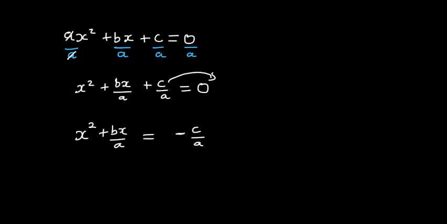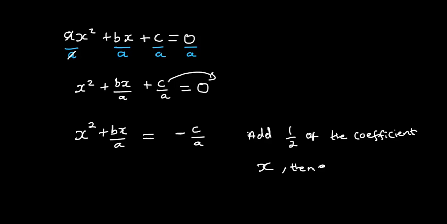On this step, you're going to add half of the coefficient of x, then square it, on both sides.